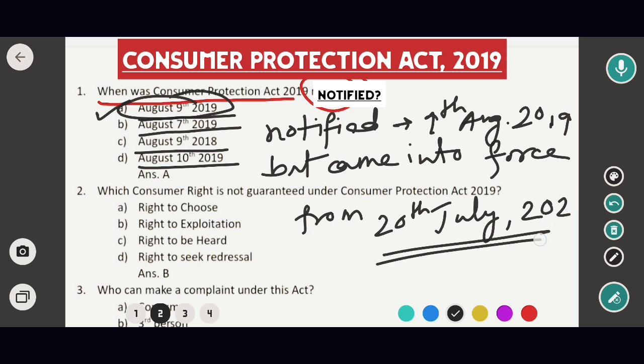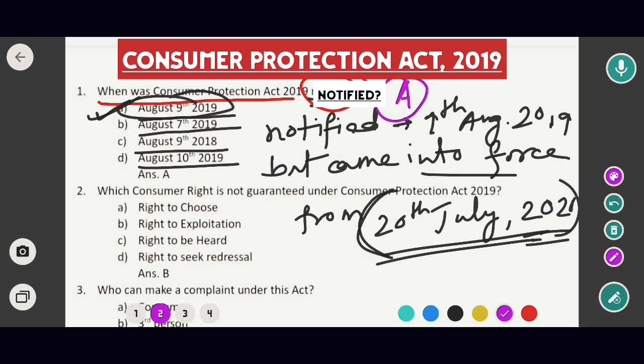Okay, so this is an important date, so you have to remember this. So the Consumer Protection Act 2019 was notified on 9th August 2019, but it came into force from 20th July 2020. So in this case the correct option would be option A.